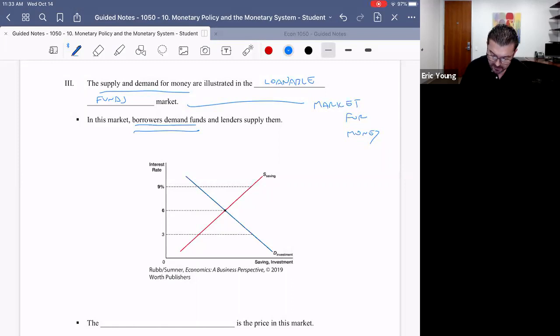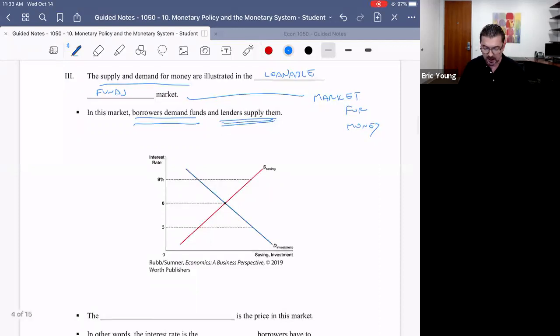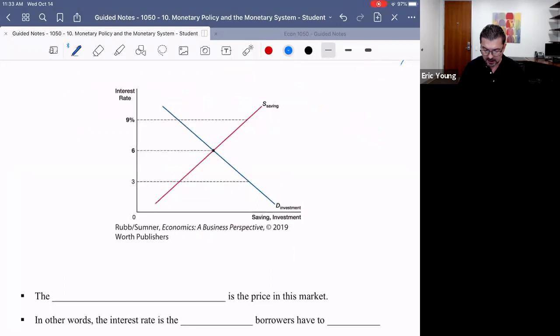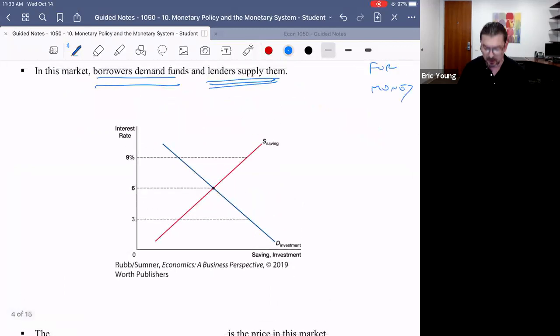And the people who are consuming less than they're able to are going to have some excess money, some excess cash. They're going to lend it out. They're the suppliers. And if you look here, you can see we have a typical supply-demand graph.